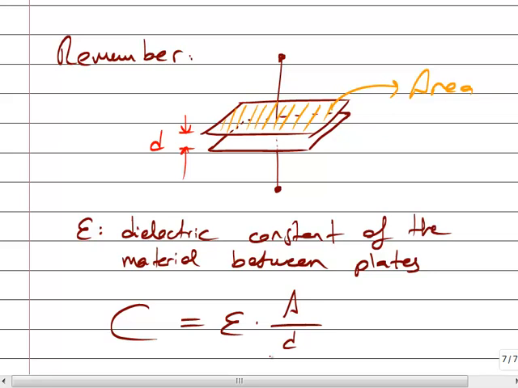So real capacitors that we use in circuits are composed of two parallel plates, and there is a dielectric between the plates. So if you use this shape, the capacitance is very high.